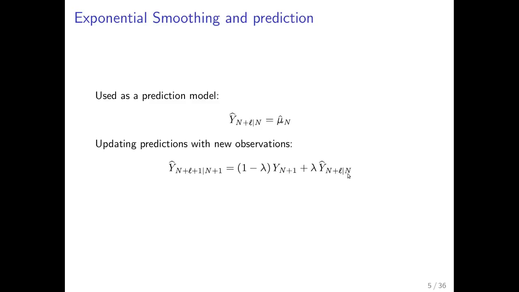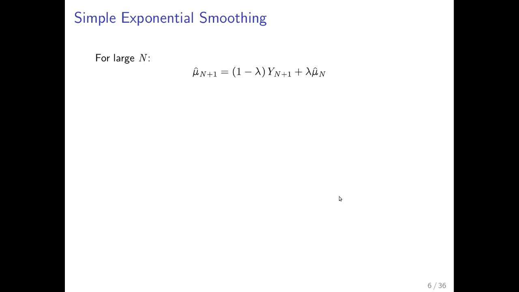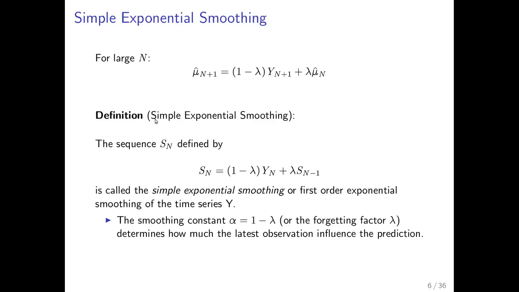That's pretty much it for how to do exponential smoothing, except for how we choose lambda. But first, just to show you a different way of writing things, we define so-called simple exponential smoothing, where we just do the update as we did up here. The main difference is we don't care about the initialization so much. We just start off with the first observation as the first S n and take it from there.